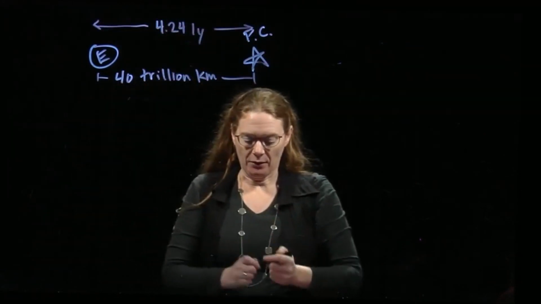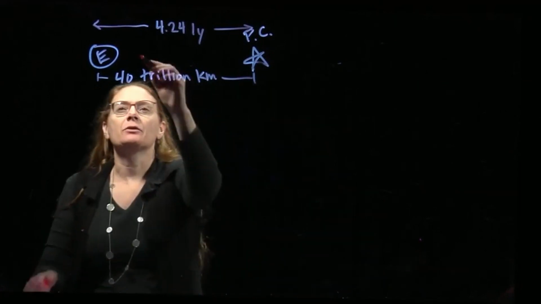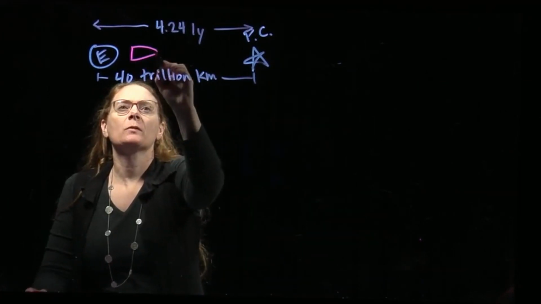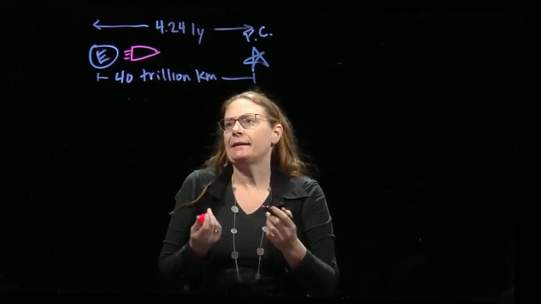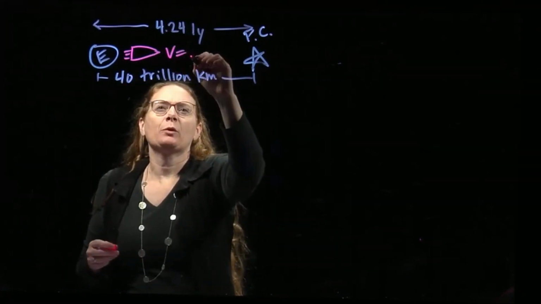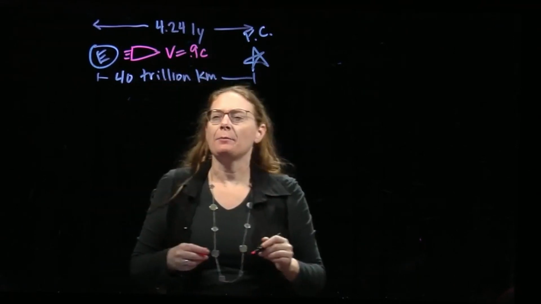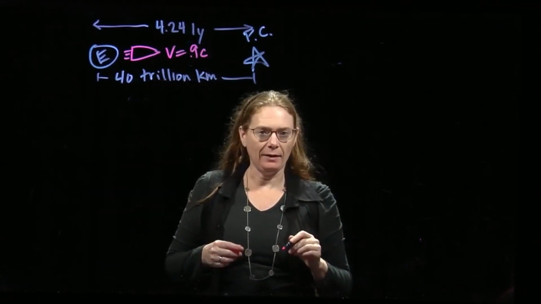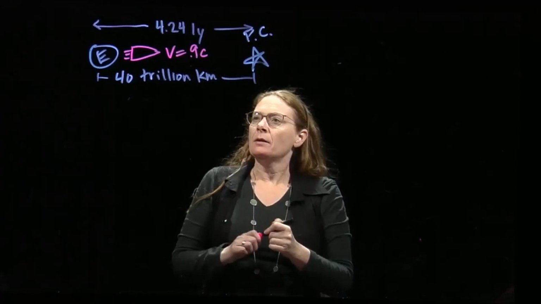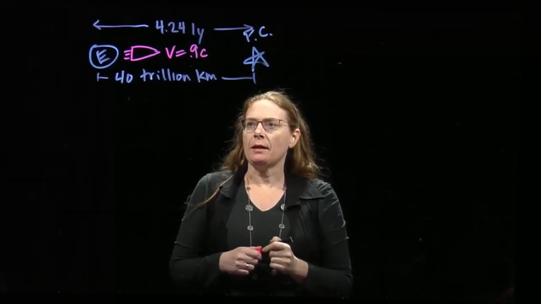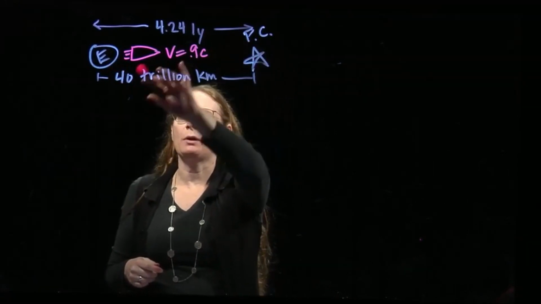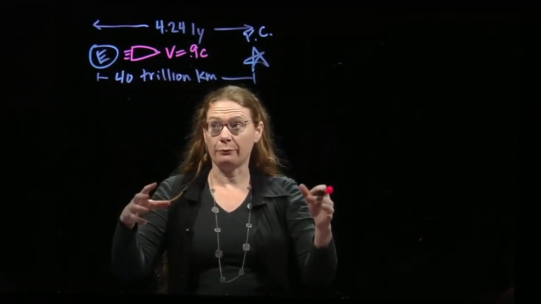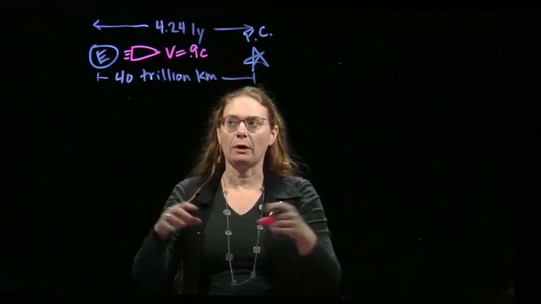All right, so we're going to send a ship over to Proxima Centauri. There's my fancy ship. And let's say the ship could move at 0.9 times the speed of light. So how long does it take the ship to reach Proxima Centauri from Earth in Earth's stationary reference frame?